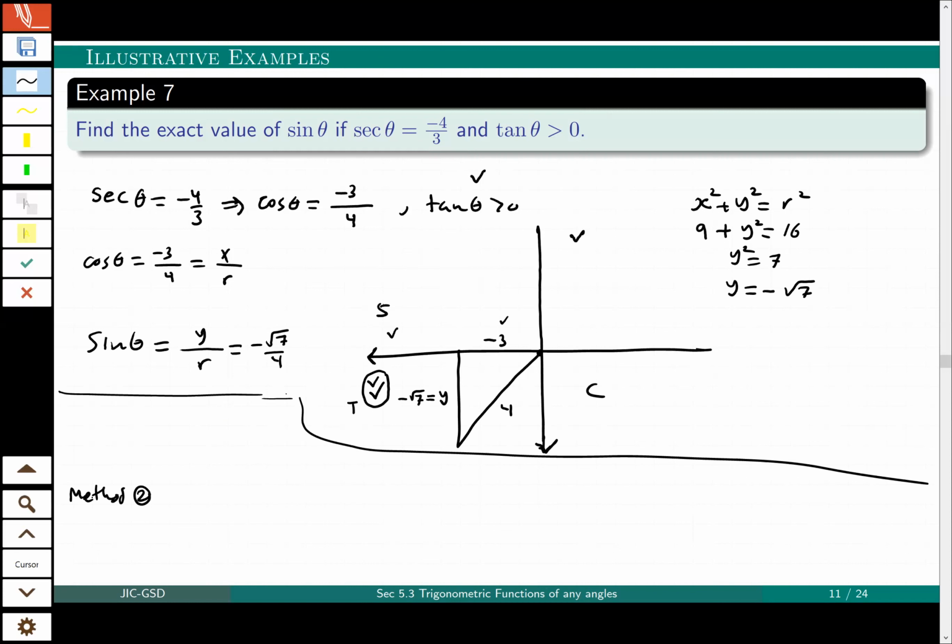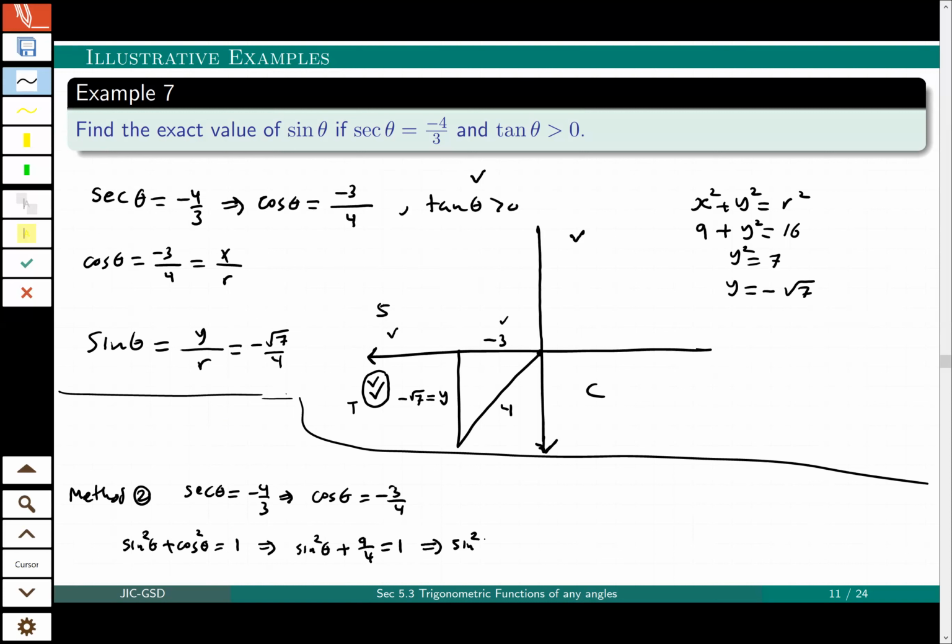We know when we have secant theta equal to -4 over 3, that will mean cosine theta is -3 over 4. We have the identity that says sine squared theta plus cosine squared theta is equal to 1. So that will mean sine squared theta plus cosine squared, which will be 9 over 16, equal to 1.